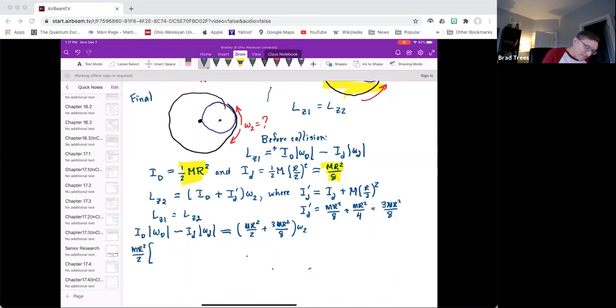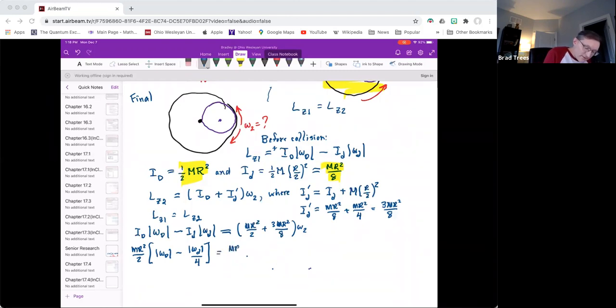And what I'll have inside the square brackets is omega big D minus omega little d over 4. Close square bracket. I just factored an mr squared over 2 on the left.